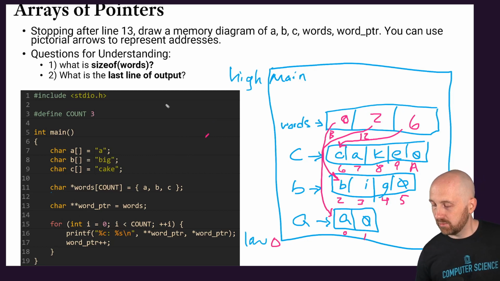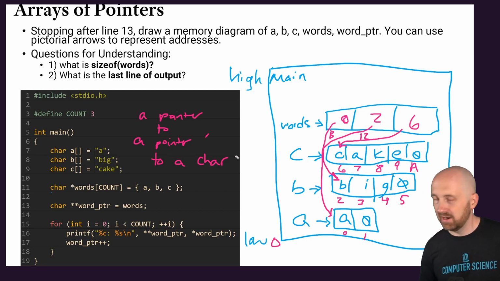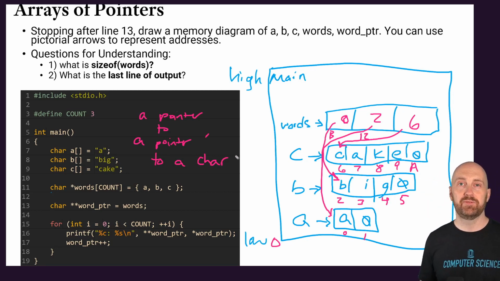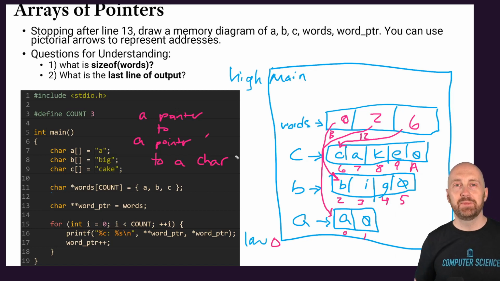This is word pointer, a pointer to a pointer to a char. All right, so this is a double pointer. We've got a pointer that's going to point to another pointer that's going to point to a character.